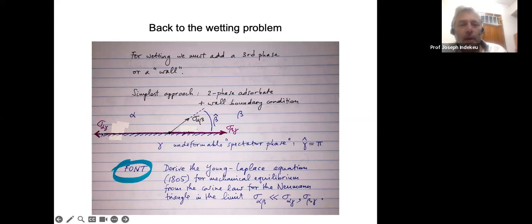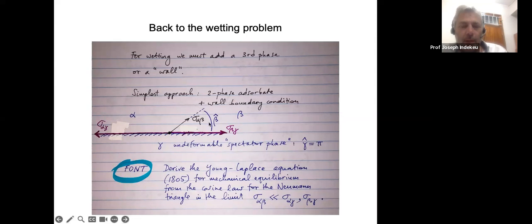And as many of you know, this problem has been solved long ago by Young and Laplace in 1805. And not surprisingly, the equilibrium condition is that the force that pulls to the left here should equal the force that pulls to the right in magnitude, plus the projection of this inclined force vector, which corresponds to the alpha-beta interface.